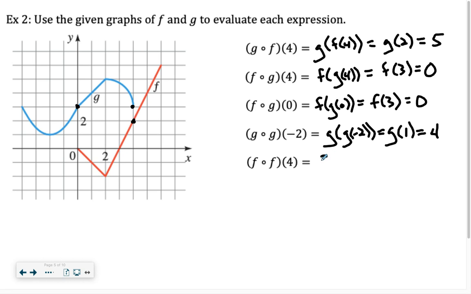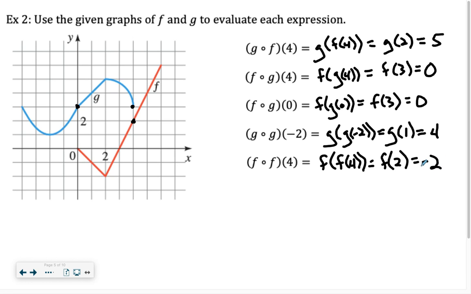And then the last one, f of f of 4. Well, at x equals 4, f is equal to 2. We already actually did that up here, so this means I'm evaluating f of 2. So f of 2 is negative 2.